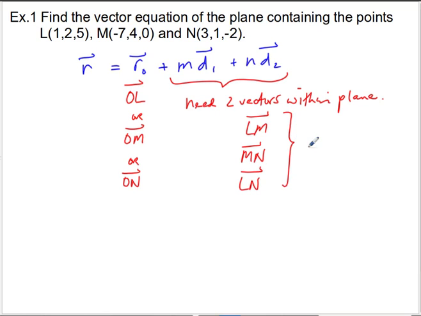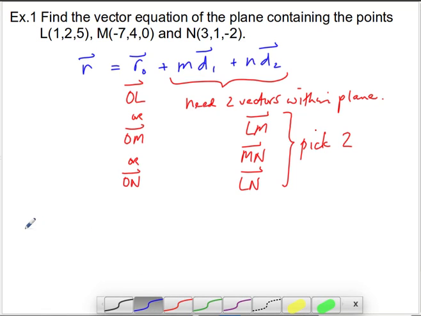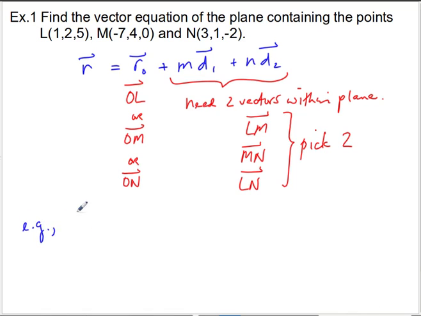And so I have 3 choices here, and I just have to pick 2 of those choices in order to make up my direction vectors. So for example, this is not the only possibility, but I'm just going to do them in the order that they're provided. I'm not going to get fancy.